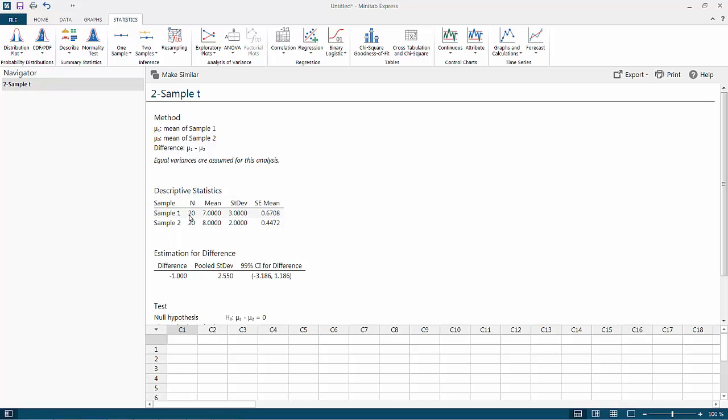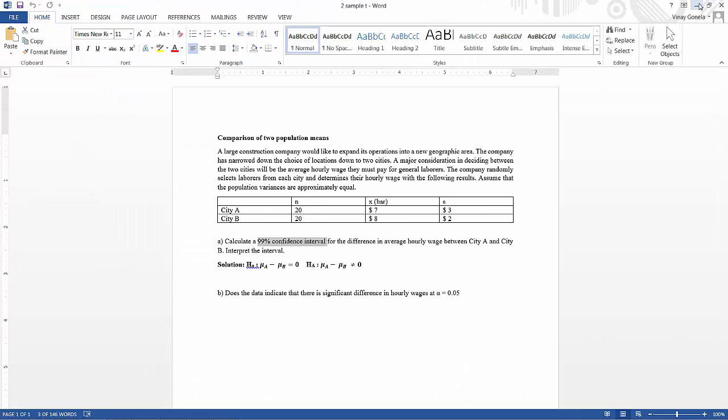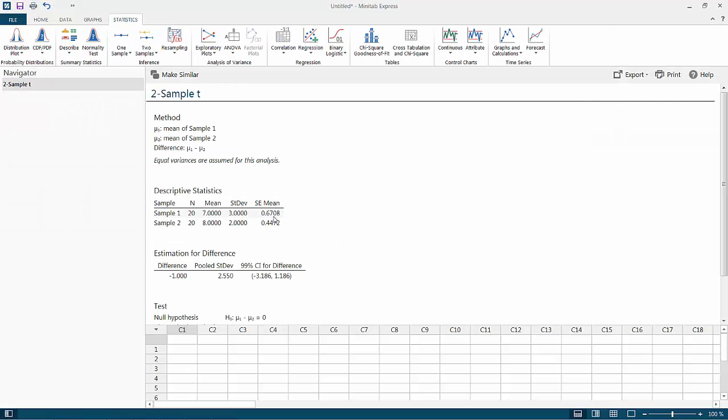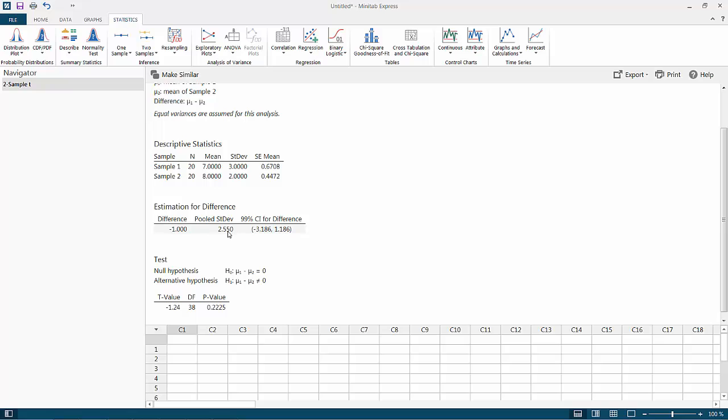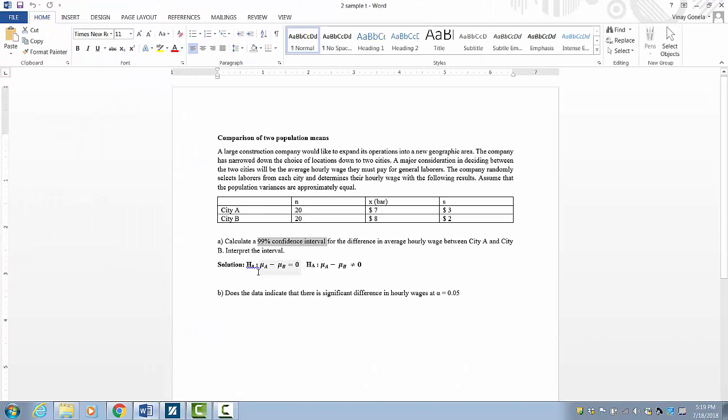Sample 1 we took 20, and it's the same as this table, except that they also give you the standard error. So the estimated difference, that means mu1 minus mu2, is -1. Pooled standard deviation is 2.550.